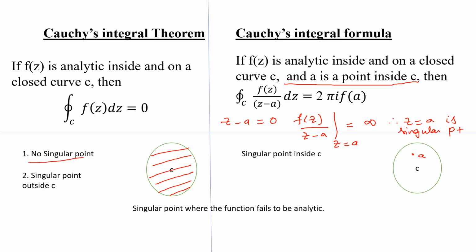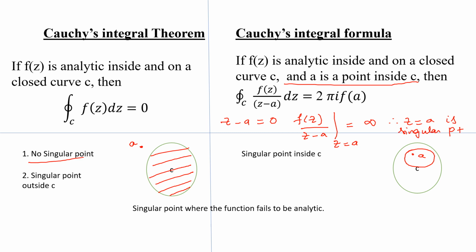If at all singular points are there, they will be outside the curve C. Here in the formula, if at all singular points are there, they are inside the curve C. If there are no singular points or they are outside, we use Cauchy's integral theorem. If a singular point lies inside C, we use Cauchy's integral formula.